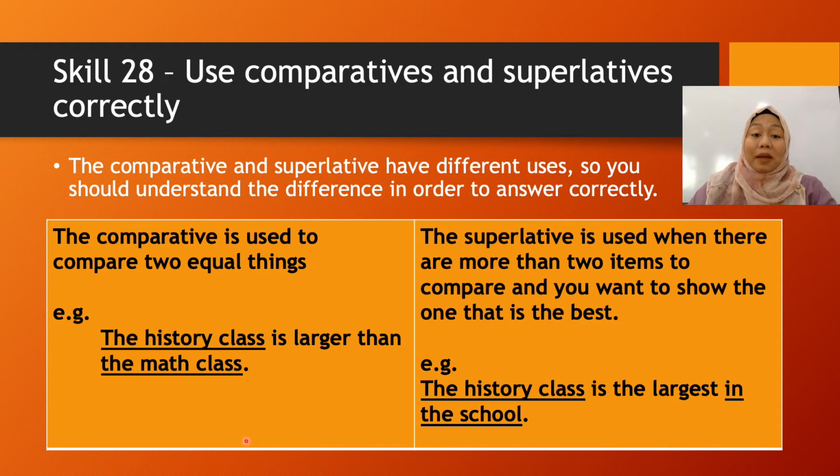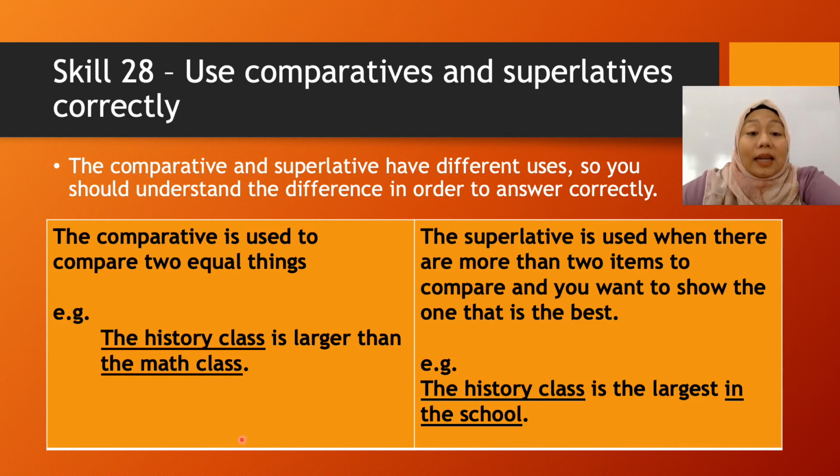You cannot compare two unequal things for comparative. Okay, so you cannot say, for example, you cannot compare the history class with a city. Yogyakarta city is larger than the history class. No, because they are not equal things. So you compare two equal things for comparative.